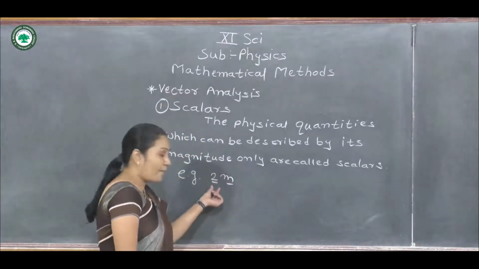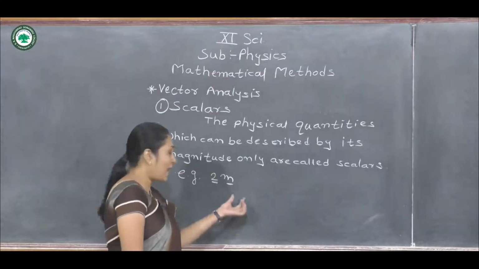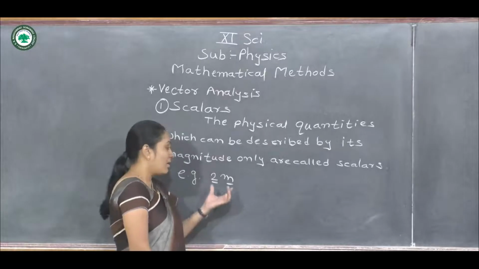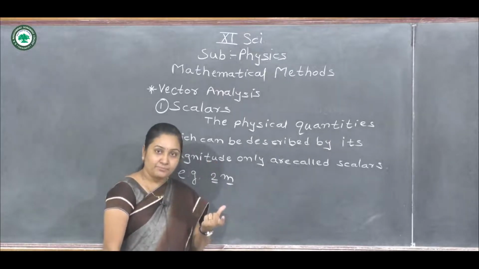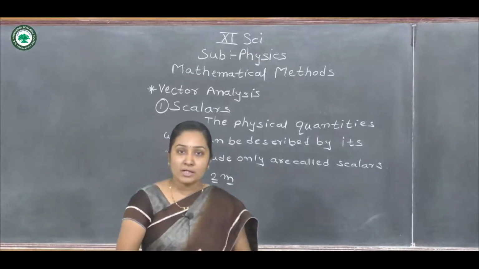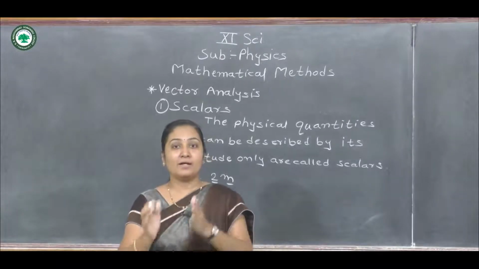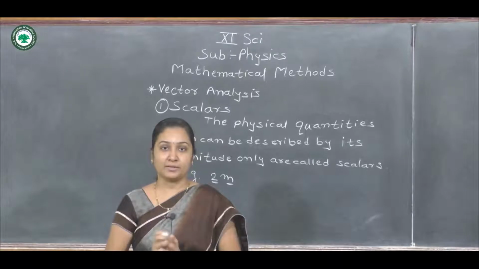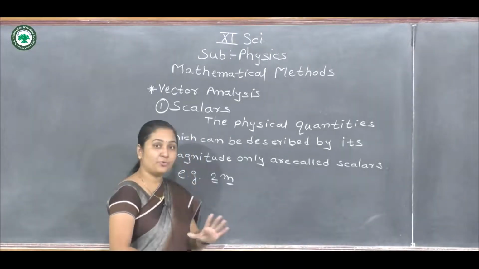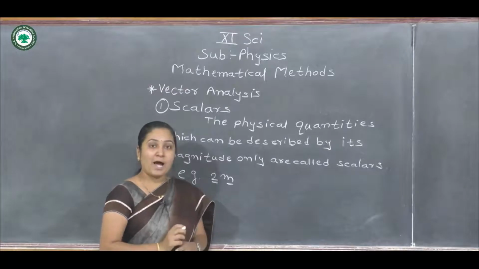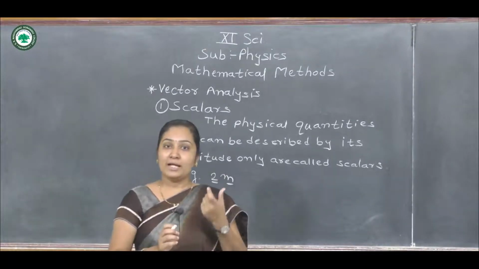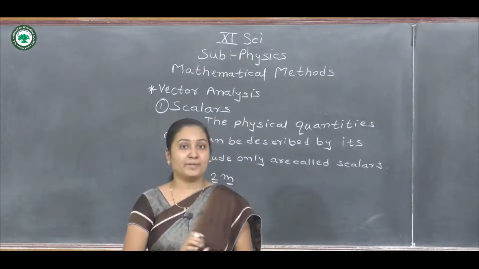That is, a number followed by its unit tells us the object is 2 times the standard unit of 1 meter for length. So while measuring the length, we are measuring only its magnitude or number.